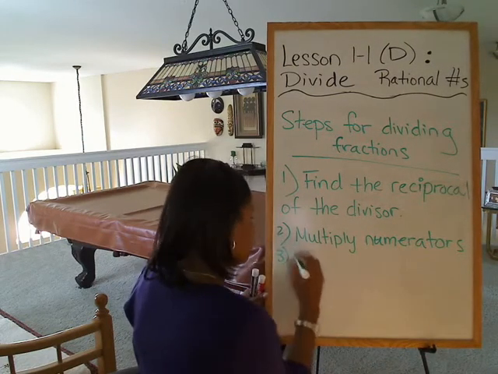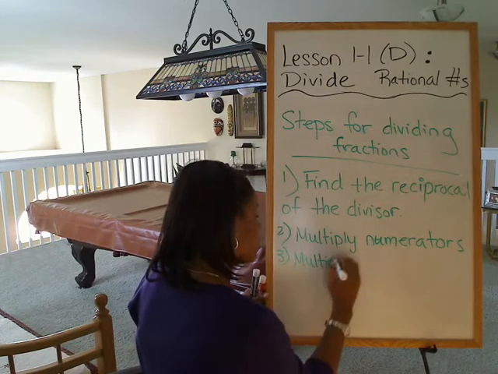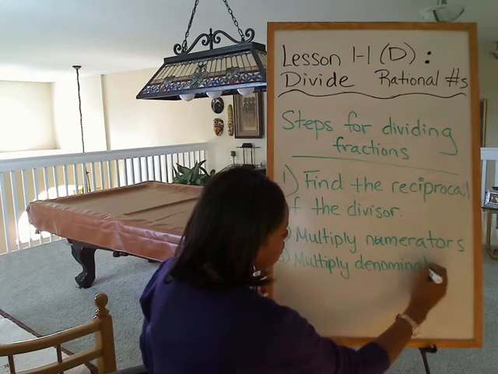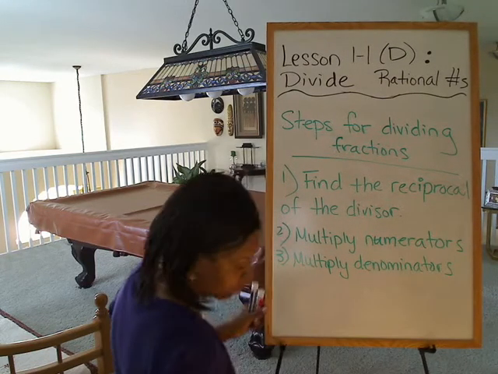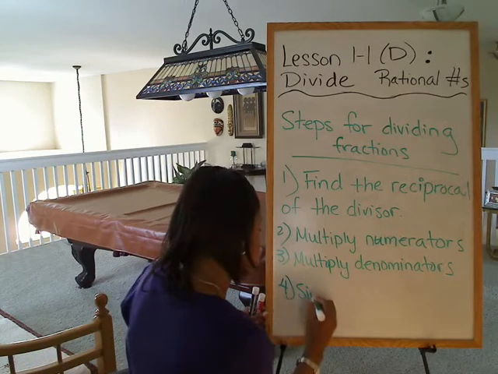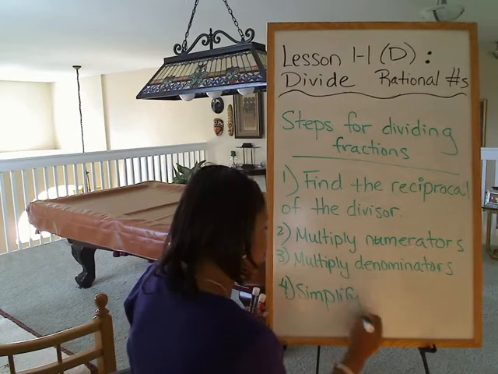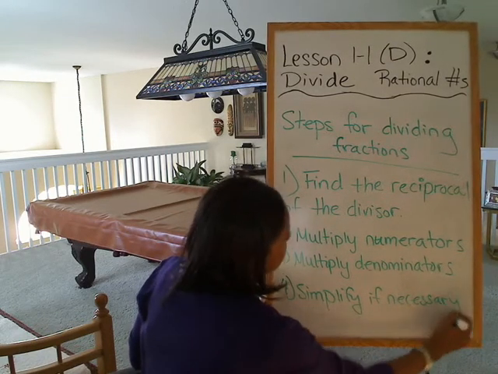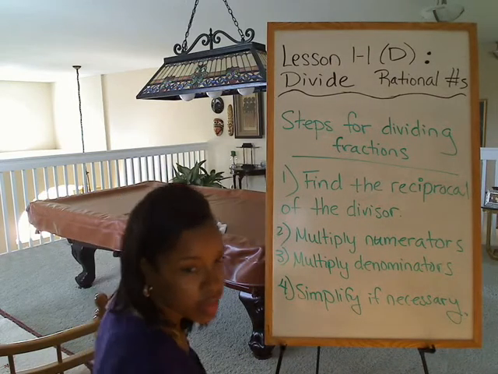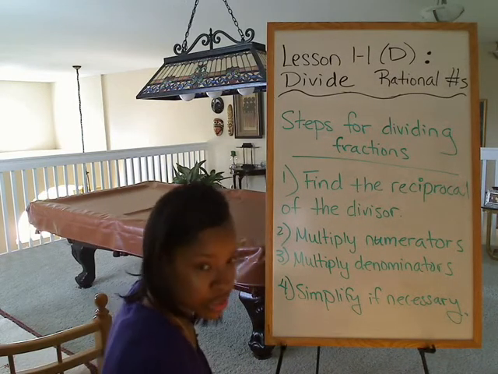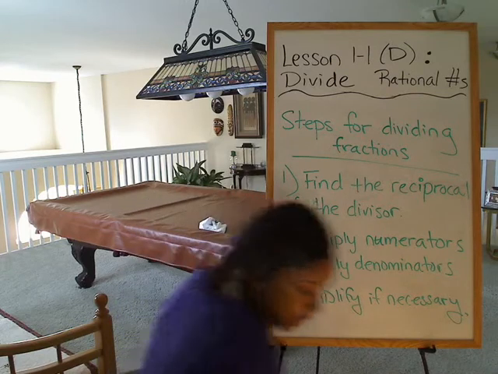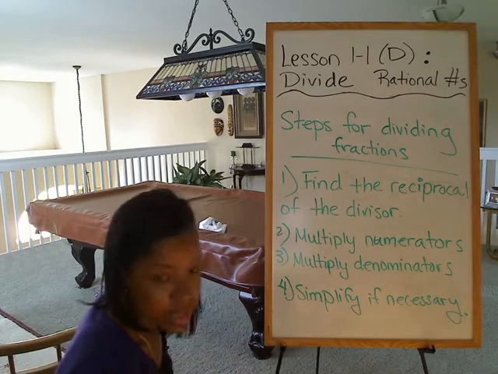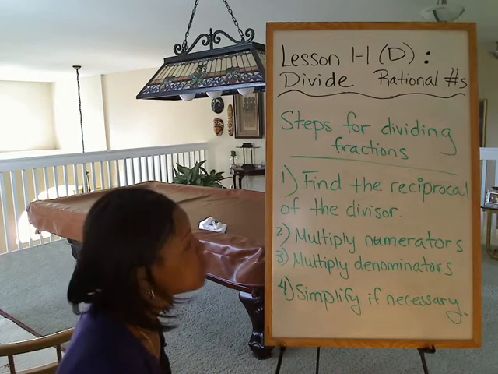Then you multiply the denominators. And then you simplify if necessary. Okay, you find the reciprocal of the divisor, and we'll find out what a divisor is if you're not sure. You multiply the numerators, you multiply the denominators, and then you simplify if necessary.